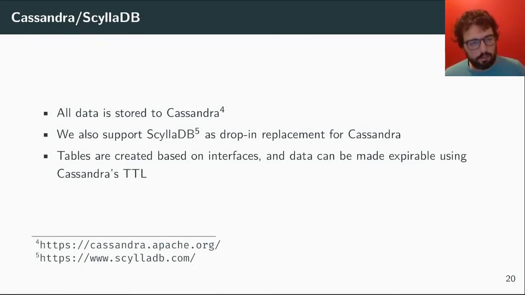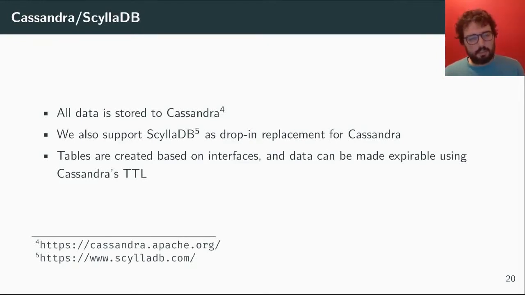All data is stored in it, and we also support ScyllaDB as a drop-in replacement for Cassandra. If you don't know it, basically ScyllaDB is a rewrite of Cassandra in C++. So it has some pros with respect to Cassandra, and we support both of them.